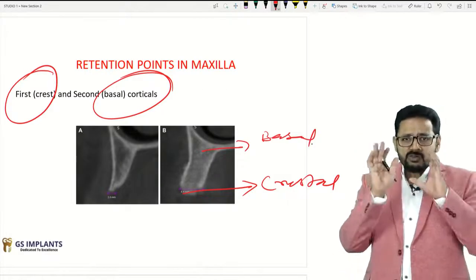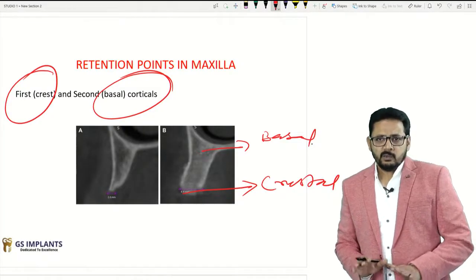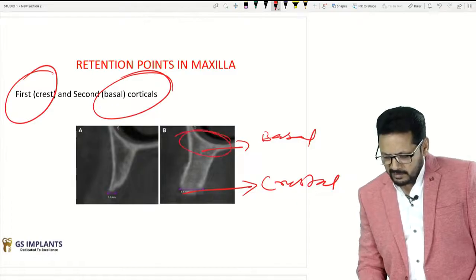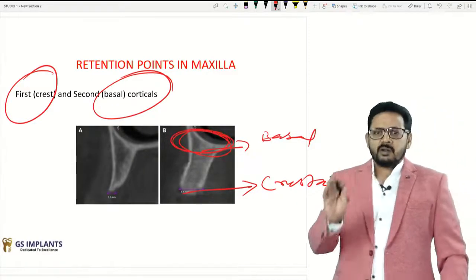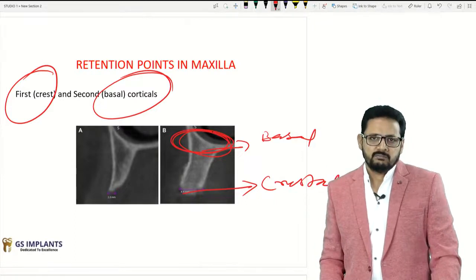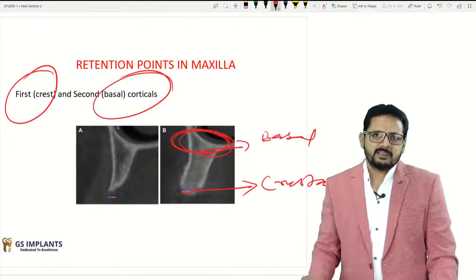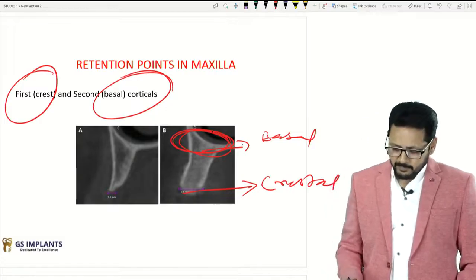And most of you think that the cortical bone is present only near the basal, and this is a wrong concept. This is an utterly wrong concept. Okay, now I'll tell you why.